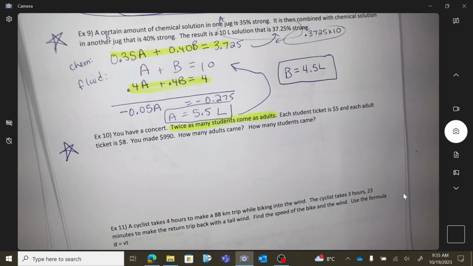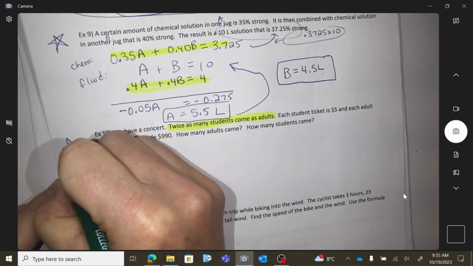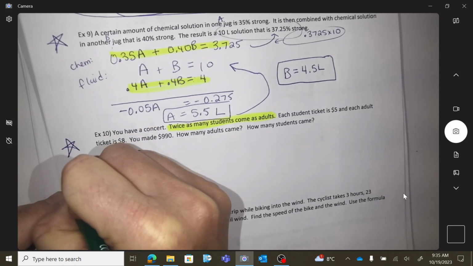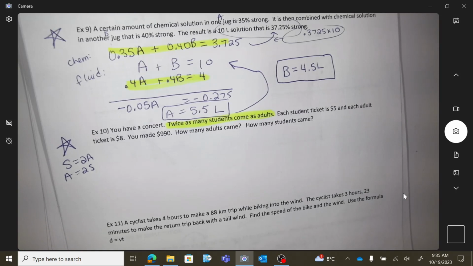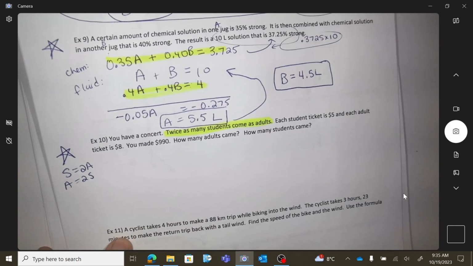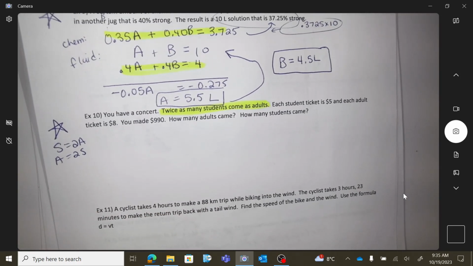So I'm going to give you two options. Okay, so which one of those options would match? You have twice as many students as your adults.